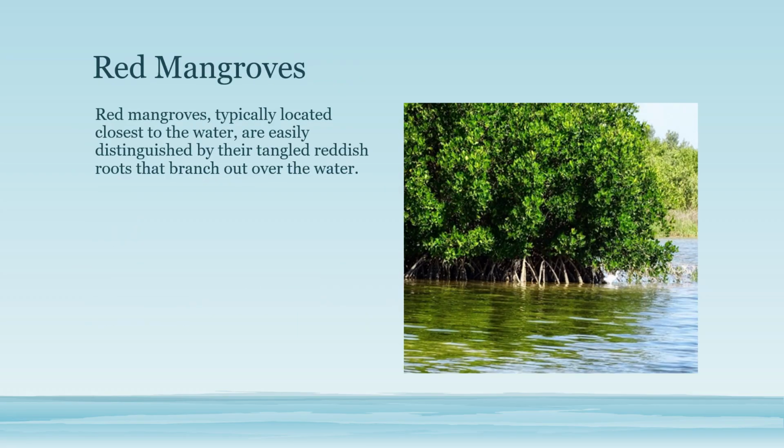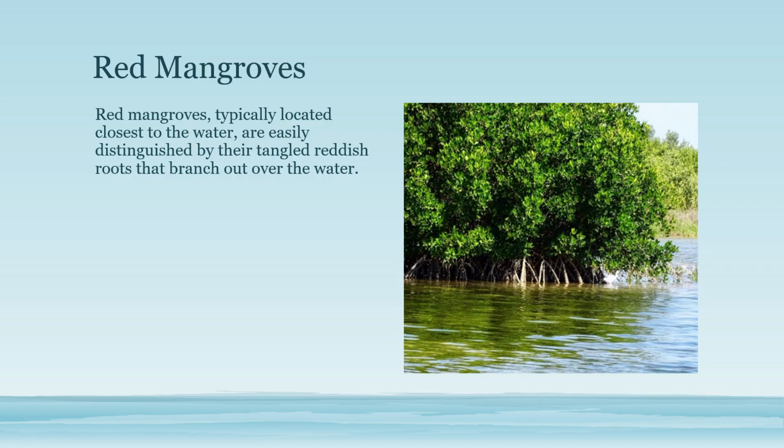You can see here is a red mangrove, and I mentioned the prop roots. They grow furthest out into the water, and these prop roots help anchor the substrate or sediment. They actually come from branches, so they can grow out and actually add area to an island or a coastal ecosystem.